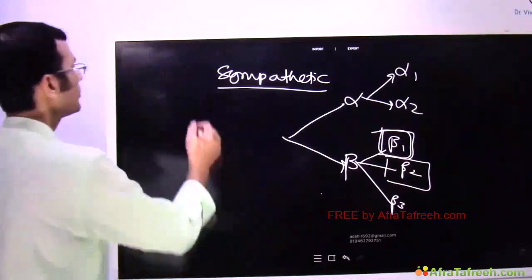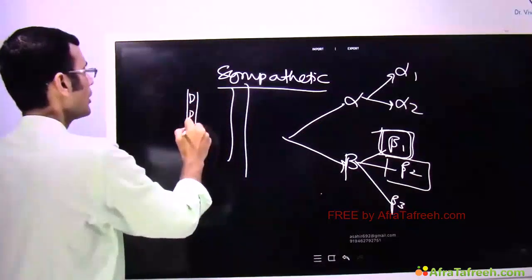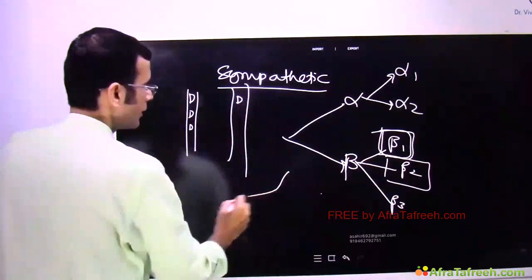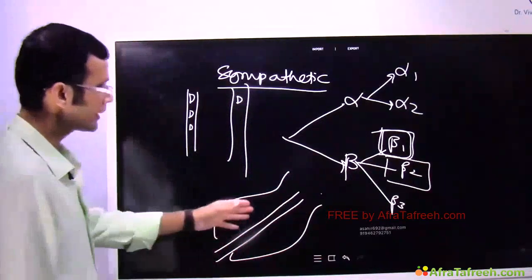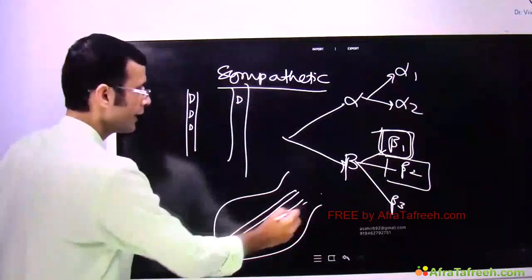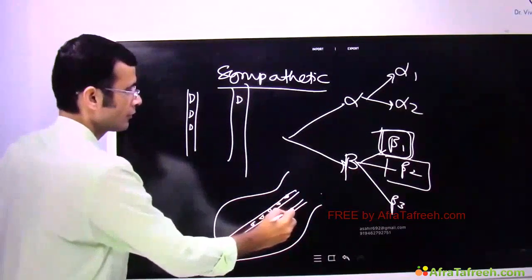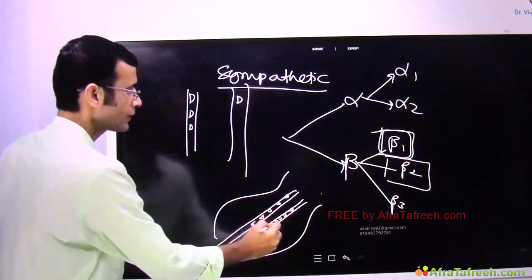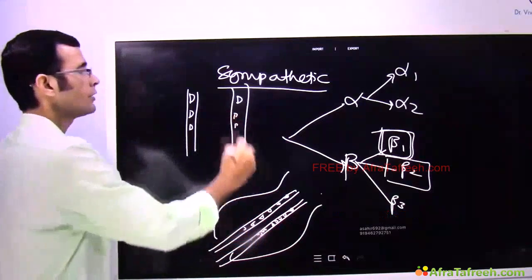But beta 2 receptors are present in the bronchi, the smooth muscle of the bronchial walls, and skeletal muscle blood vessels. The skeletal muscle blood vessels have smooth muscle in their wall, and this smooth muscle has beta 2 receptors, as does bronchial smooth muscle.